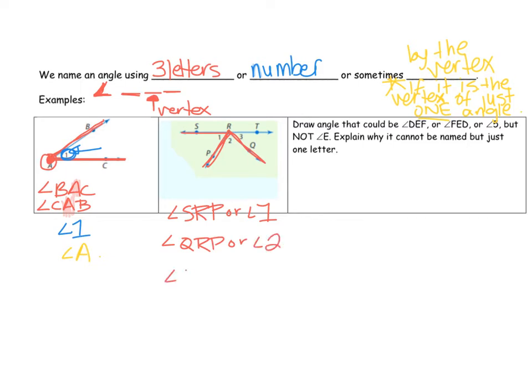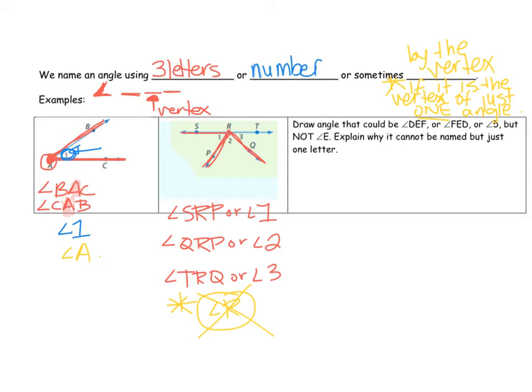And then I have angle TRQ or QRT that I can also call angle 3. And this is super important. You cannot use angle R here because R is the vertex of more than one angle. Because that's ambiguous, we don't know which angle we're talking about there, we absolutely cannot call any angle in that diagram angle R.